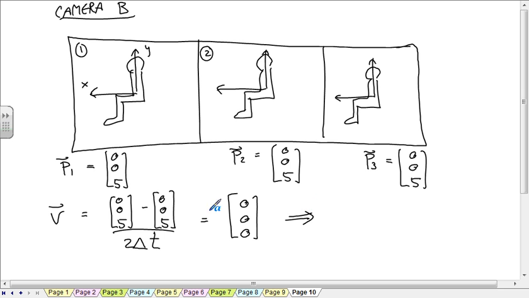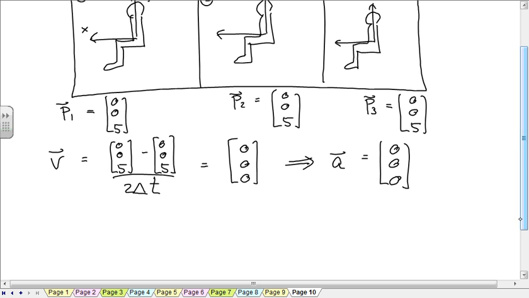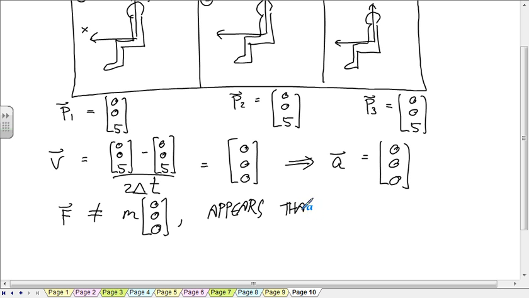And now, obviously if you use that to approximate the acceleration, for the same reason, you get an acceleration that's equal to 0. So it looks like this person has no acceleration, while at the same time the force sensors in the chair are telling you that there are big forces being applied to the person. So the force vectors aren't equal to the mass times the 0 vector. And so it appears that Newton's second law doesn't hold.